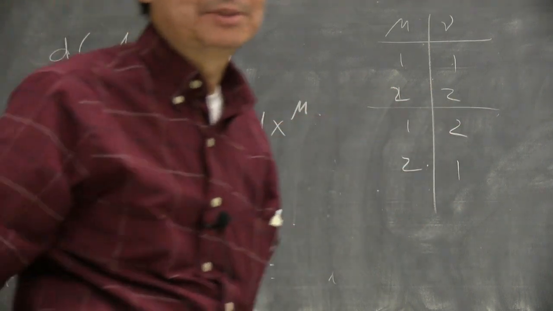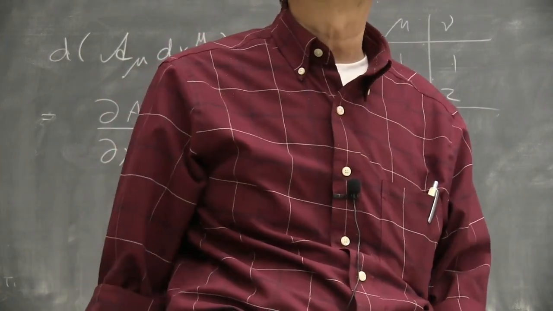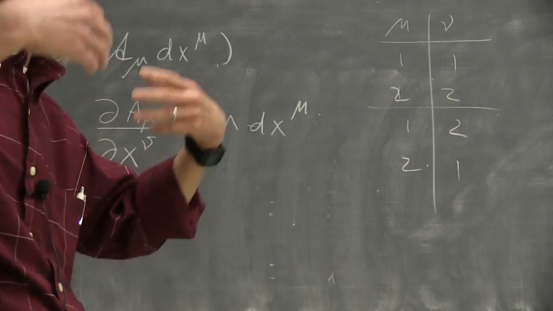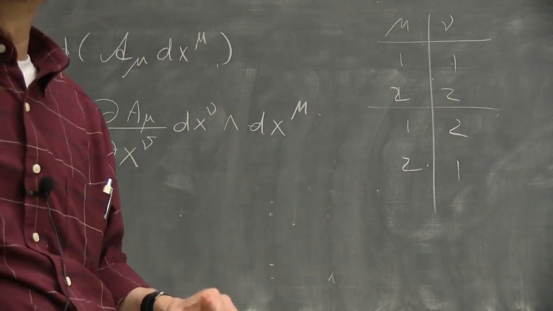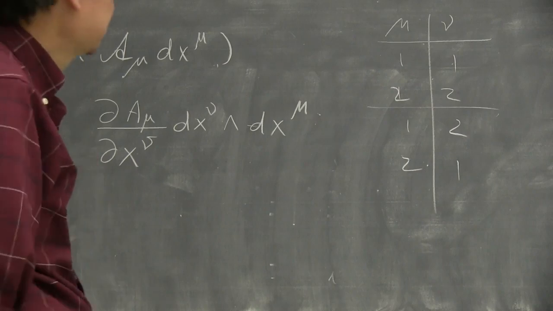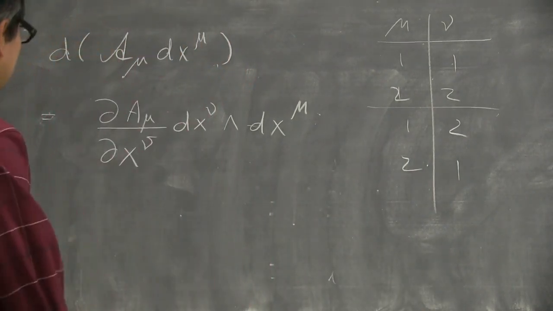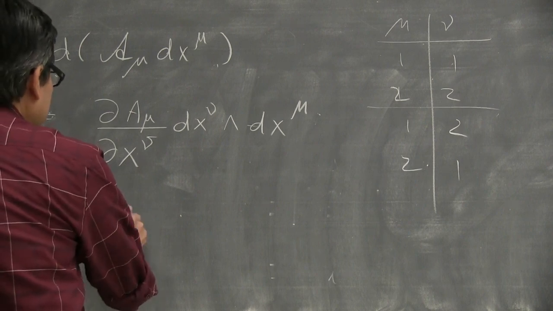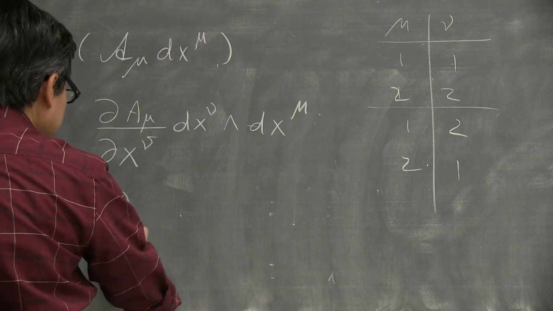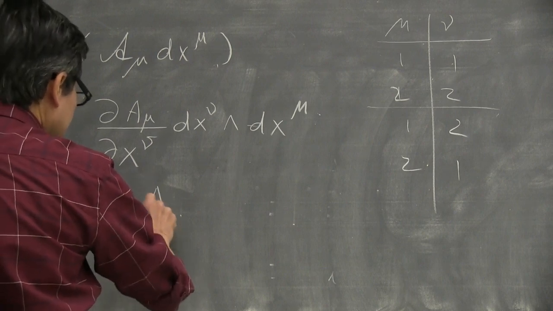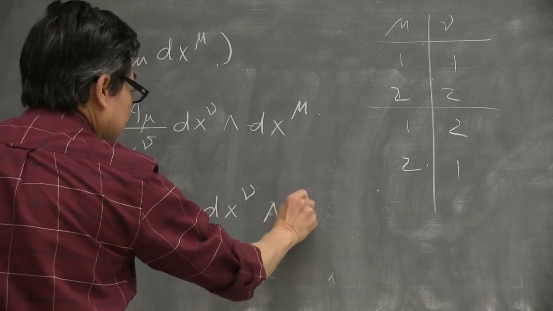That's one of the advantages of using exterior calculus, exterior differentiation, okay? So it automatically keeps track of the tensor indices for you in a certain way. So the only terms remaining are these two, 1, 2, and 2, 1. Let's write them out, okay? So it's d, let me write this as d mu a nu, dx nu, dx mu.